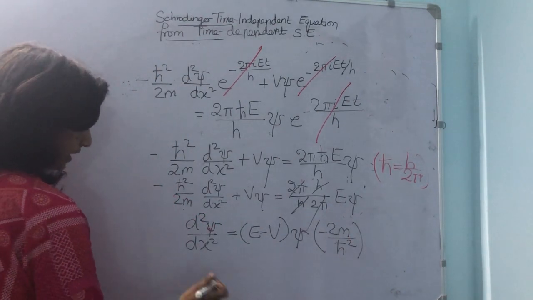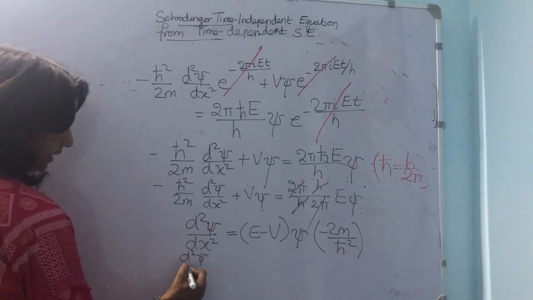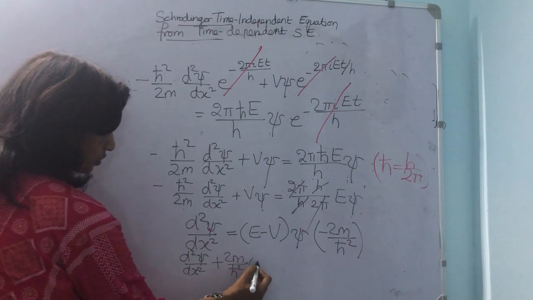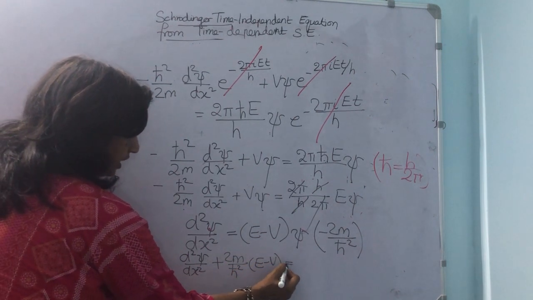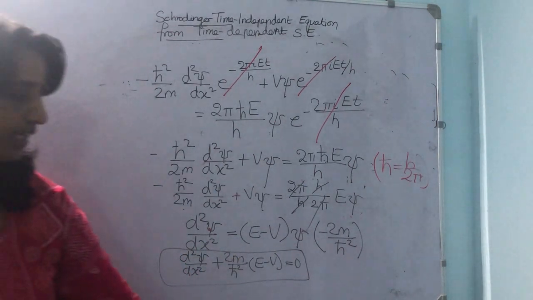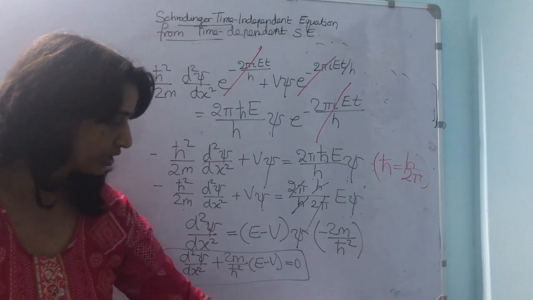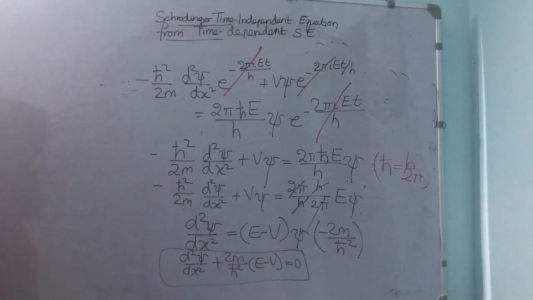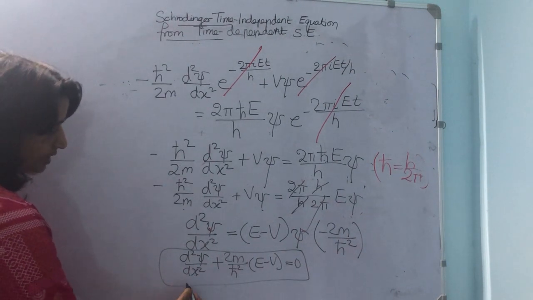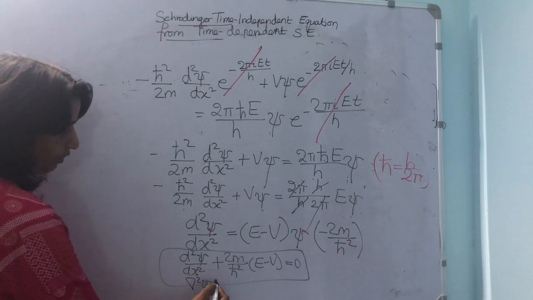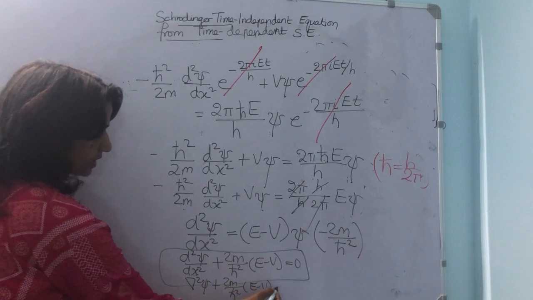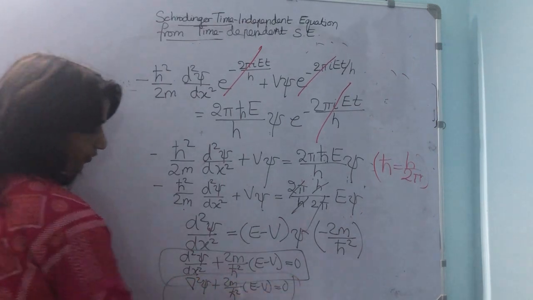You can also write this as d2 phi by dx2 plus 2m upon h bar square into (E minus V) phi equal to 0. This is your famous Schrödinger time independent equation. For three dimensions, you can use the Laplacian operator del square phi plus 2m upon h bar square into (E minus V) phi equal to 0. Thank you.